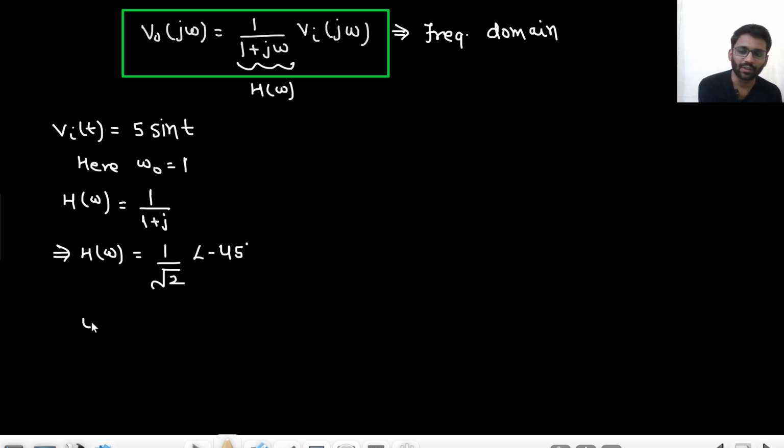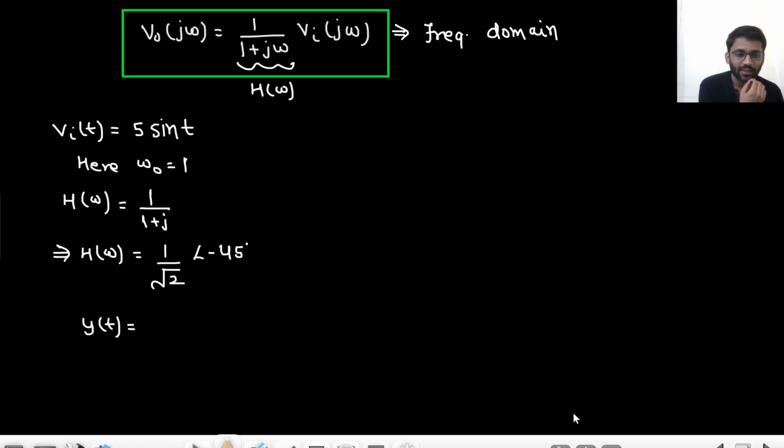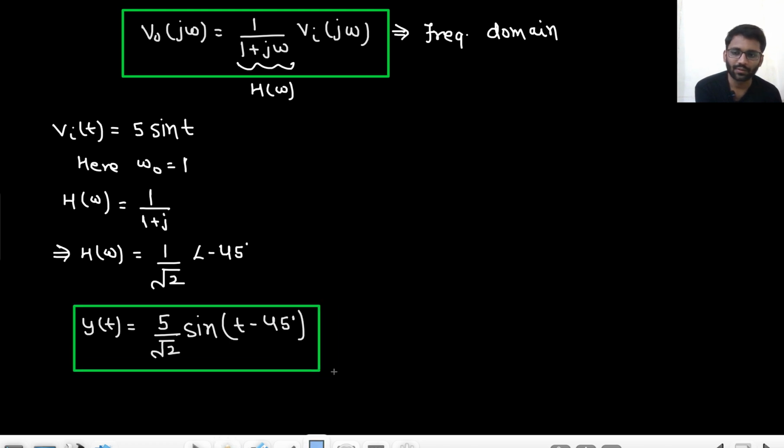So, what will be your y of t? Y of t will be 5 by root 2 sin(t minus 45 degrees), the magnitude multiplied, and the angle added, which is minus 45. So this is my steady state output.